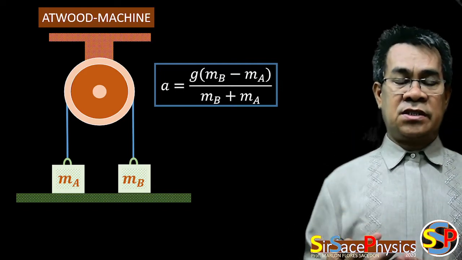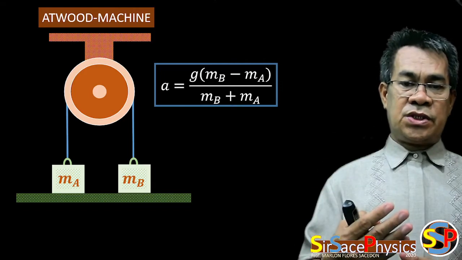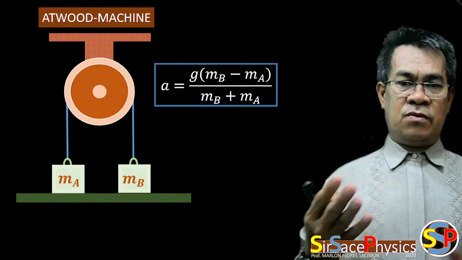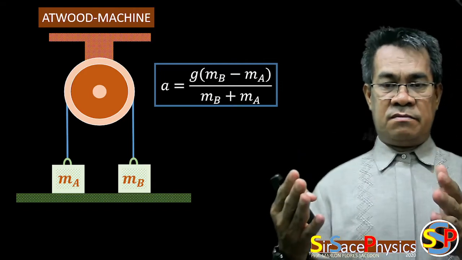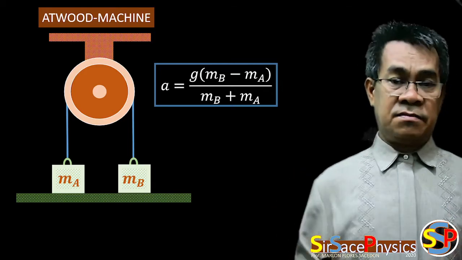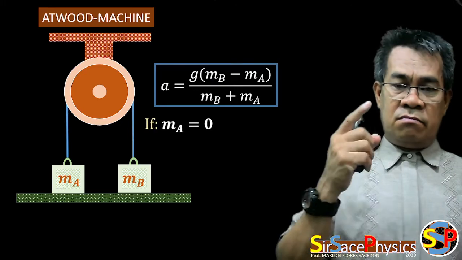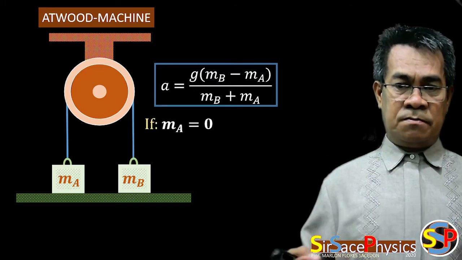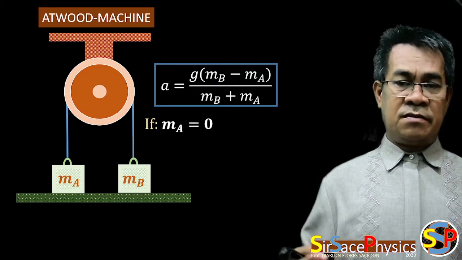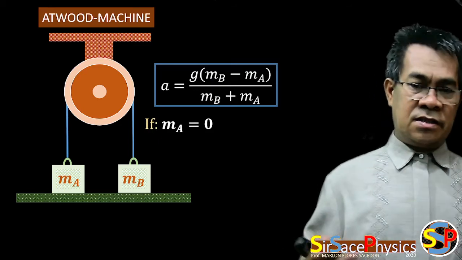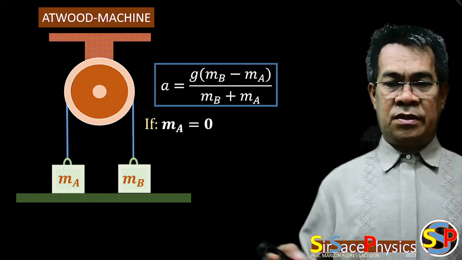Now the question is, can we produce the acceleration of 9.81 from this setup? Again, the answer is you cannot. But if we remove A, meaning if I set mass A equal to 0, what does it mean? Try to imagine: if I release that board, what will happen to the object?